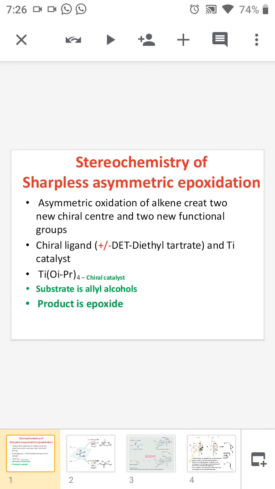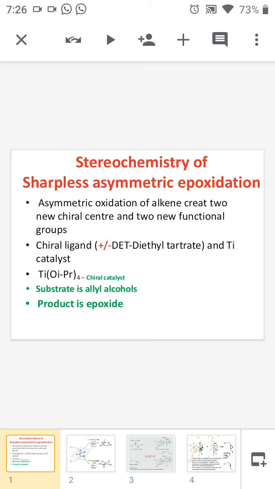And here the chiral catalyst is prepared by using a chiral ligand. Here we used the chiral ligand as plus or minus diethyl tartrate, which will combine with the titanium catalyst.